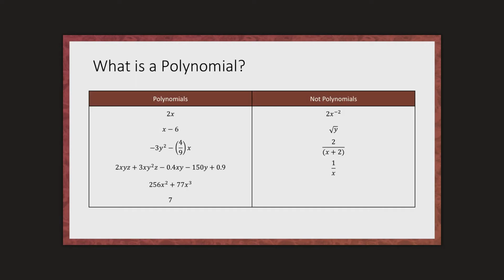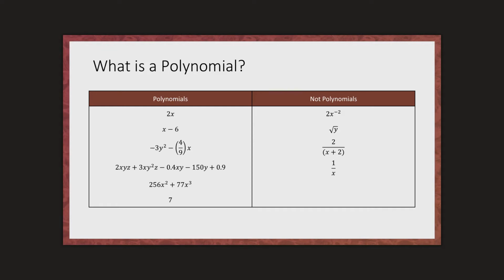So what exactly makes up a polynomial? Well, 2x is a polynomial, x minus 6 is a polynomial, negative 3y squared minus 4/9 x is a polynomial. Then the next one, which is a whole bunch of numbers, 2xyz plus 3xy squared z minus 0.4xy minus 150y plus 0.9, that is a polynomial.